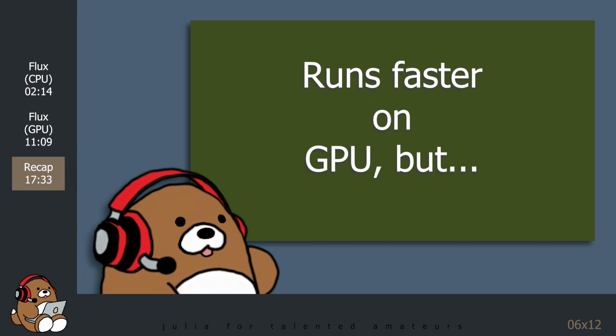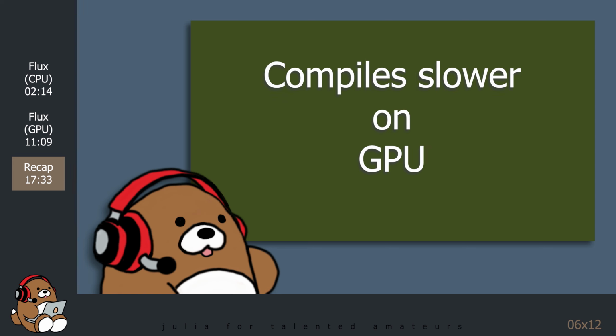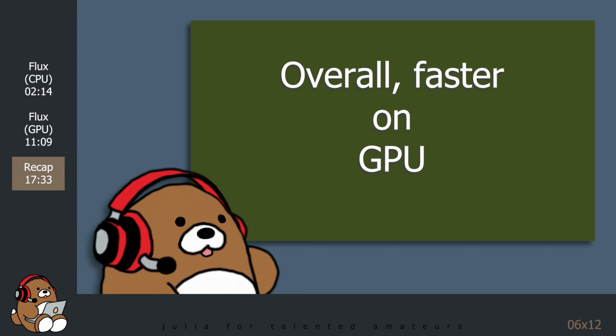When you train your model, you can expect the training to run faster on the GPU, but you should also expect it to compile slower on the GPU. But overall, you should see some modest improvement in performance when training your model on a GPU versus a CPU.